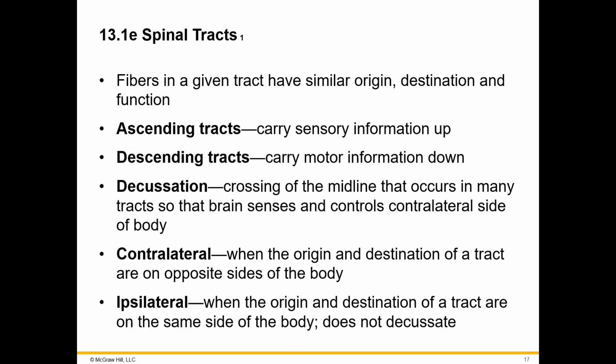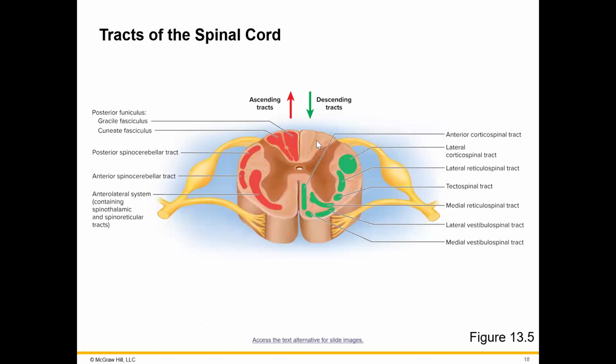And the ability to control the same side, that's known as ipsilateral. And the ability to control the opposite side, that is known as contralateral. Everybody now knows ascending versus descending versus decussation versus contralateral versus ipsilateral. Yes? That's the crossing of the signal. The crossing of the nerve carrying the signal.